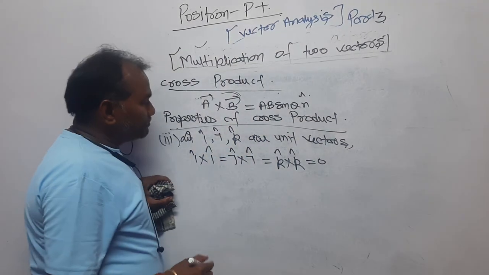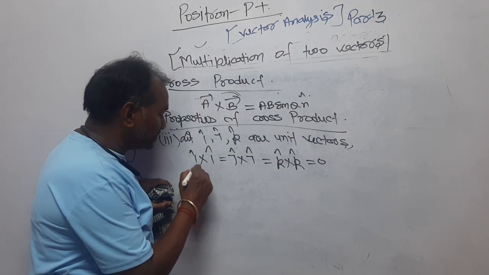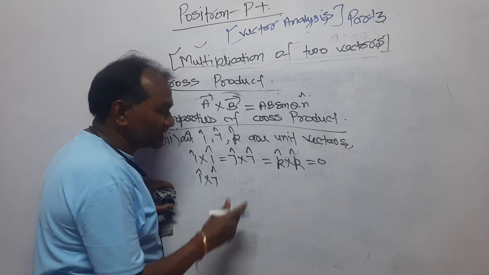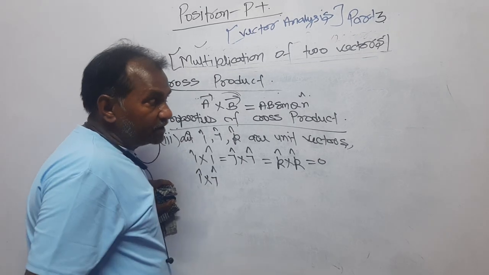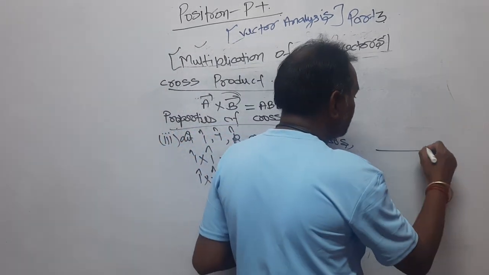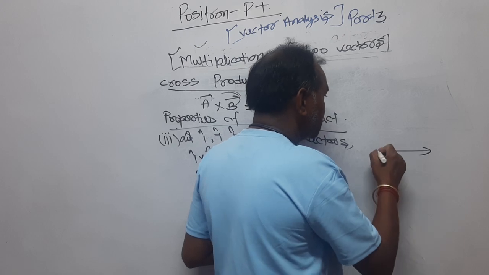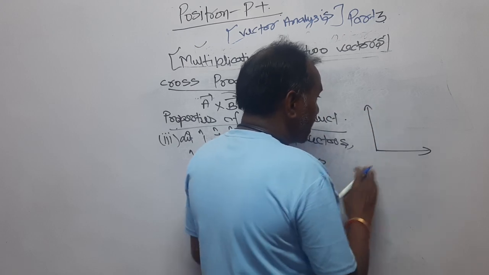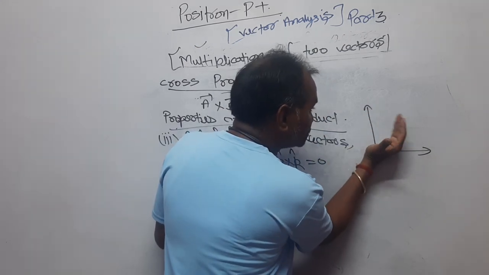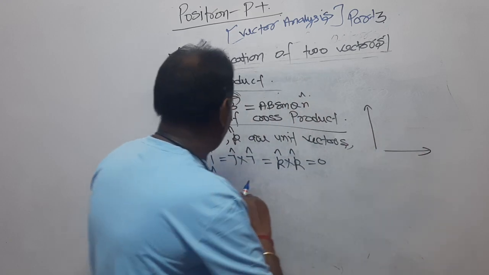But what is important is i cap cross j cap. Look here, i cap is along the x axis and j cap is along the y axis. I cap cross j cap is along k cap.